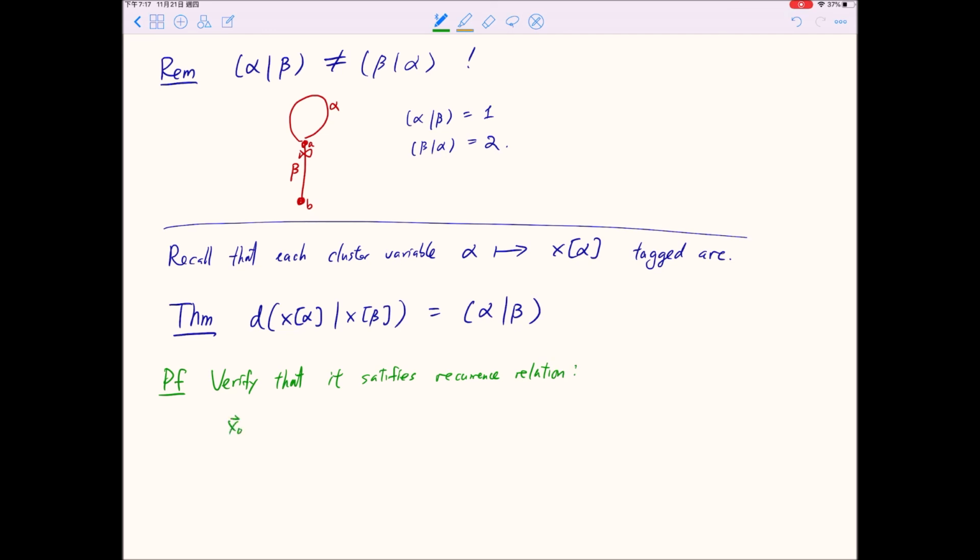So if this is your initial cluster, and remember, initial cluster means no tagged arc, then the denominator vector will be -1 if C is x, I mean, if C is the same as the variable that we are interested in, and 0 otherwise.